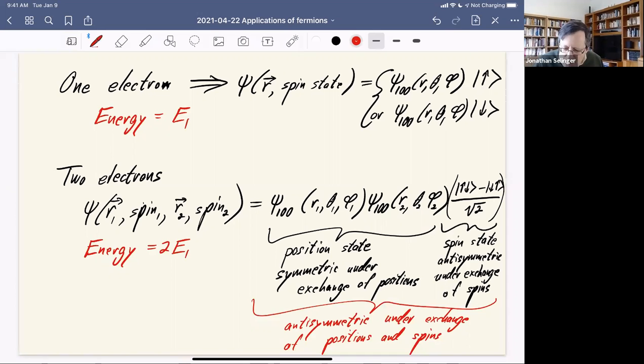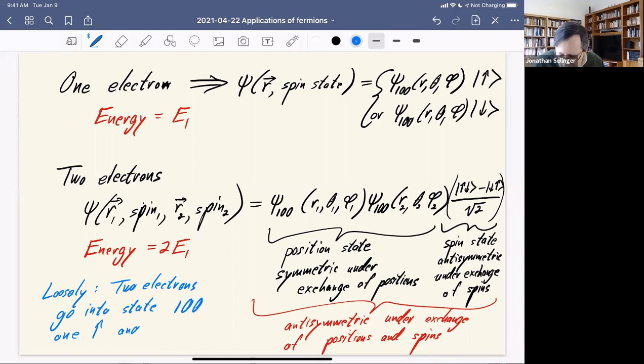Loosely, one approximate way to speak about this is we can say 2 electrons go into the state 1, 0, 0. 1 up and 1 down.